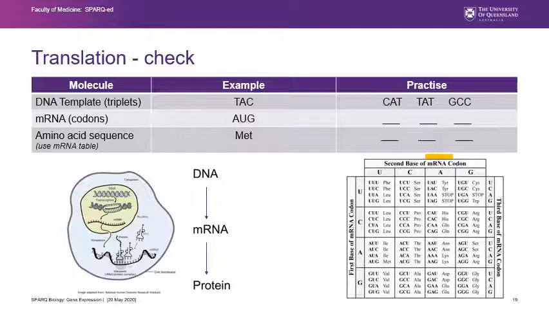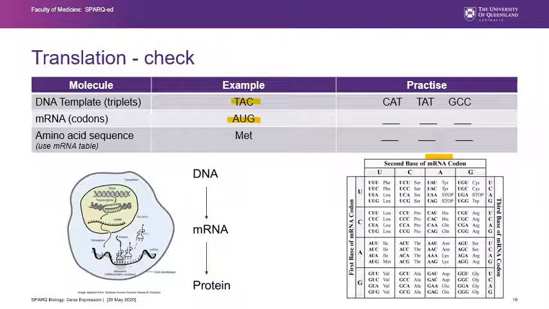So if I have my antisense triplet and it was TAC, so the original copy that's going to be made in the nucleus through transcription, my codon would be AUG, T with A with U, C with G. I can then use my table because my table is mRNA, so I don't even have to worry about the tRNA in this example, but I'll just use my table to work it out.